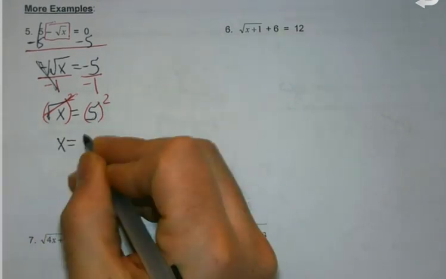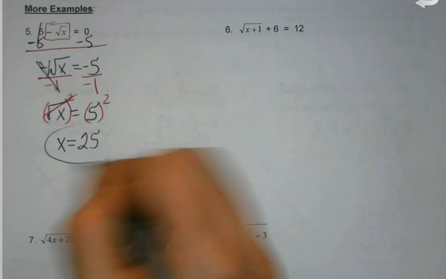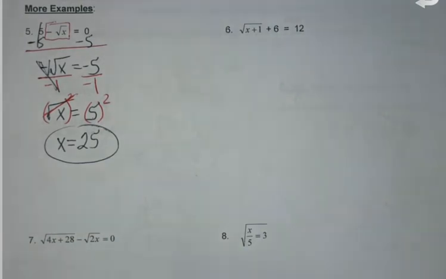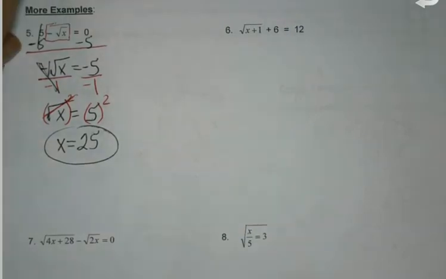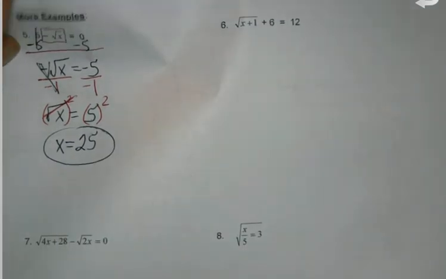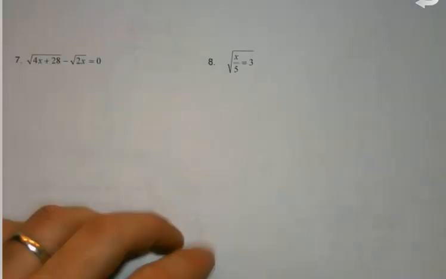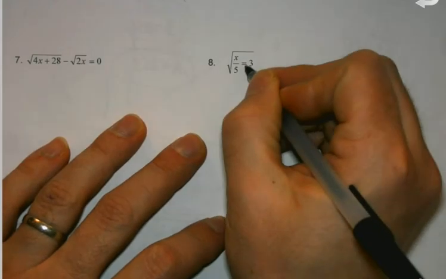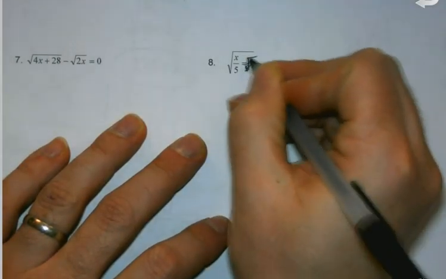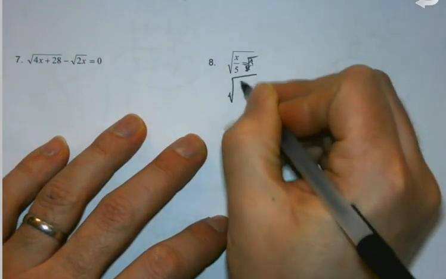And 5 squared again is 5 times 5, which would be 25. Now the one last thing that can get us, and I apologize for the way this one's written, I should have, let's just rewrite it down here.